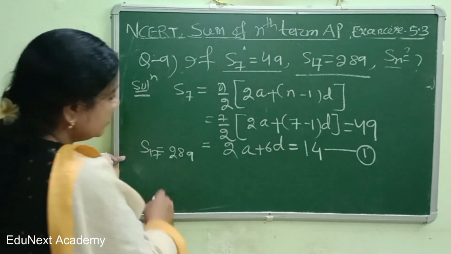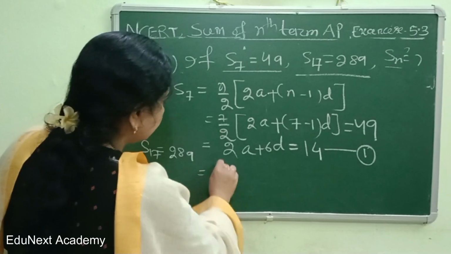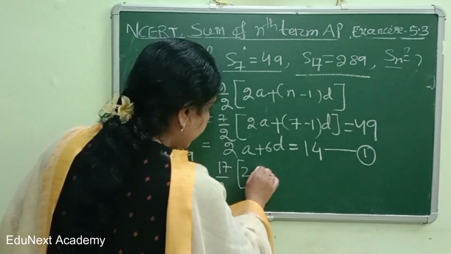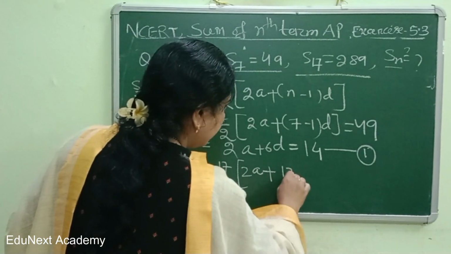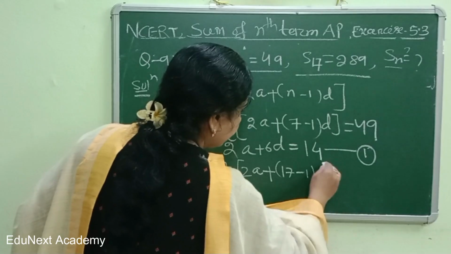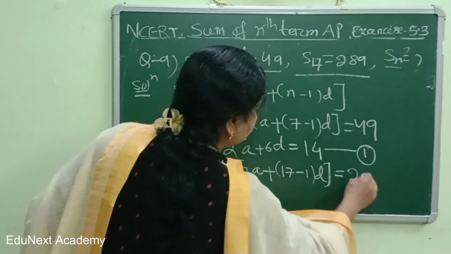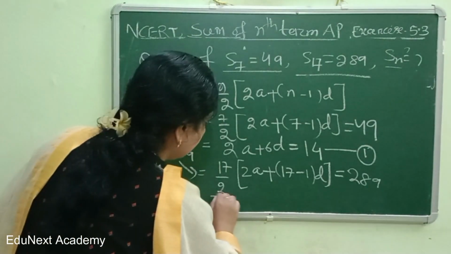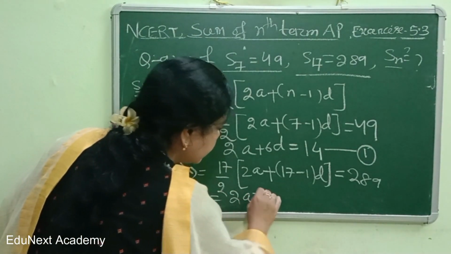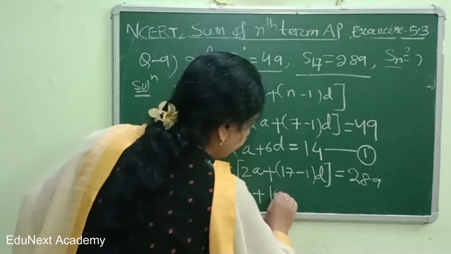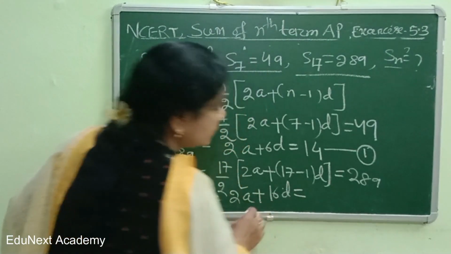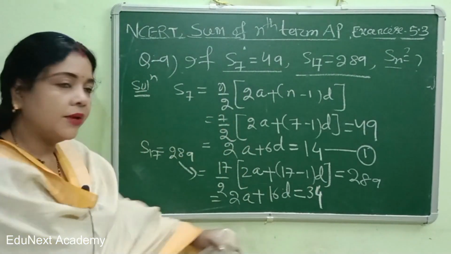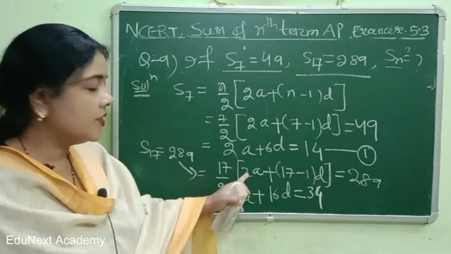Similarly, I can write 17 by 2 into 2a plus 17 minus 1 into d is equal to 289. After solving, I got 2a plus 16d is equal to 34. One by one you can solve this at your home.